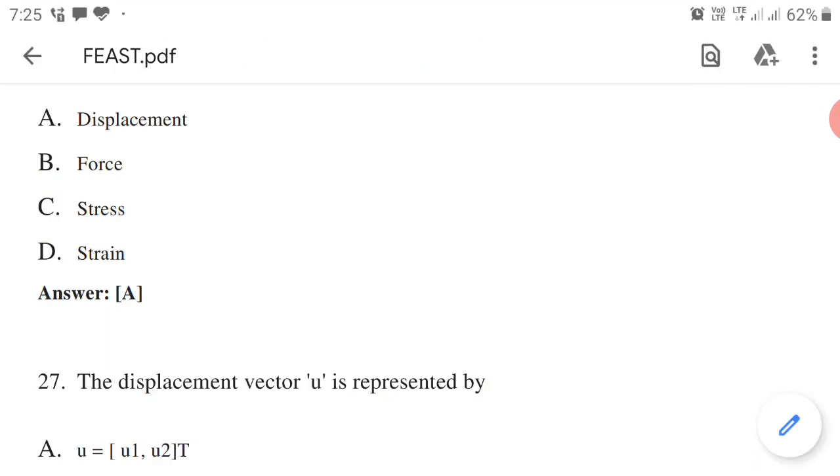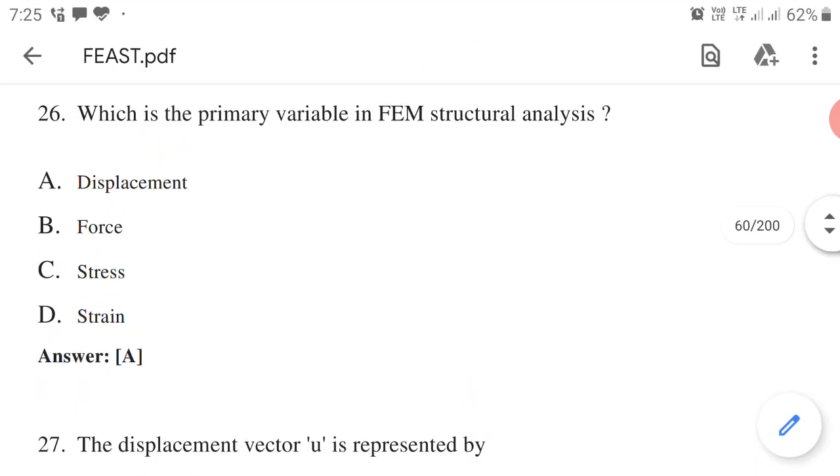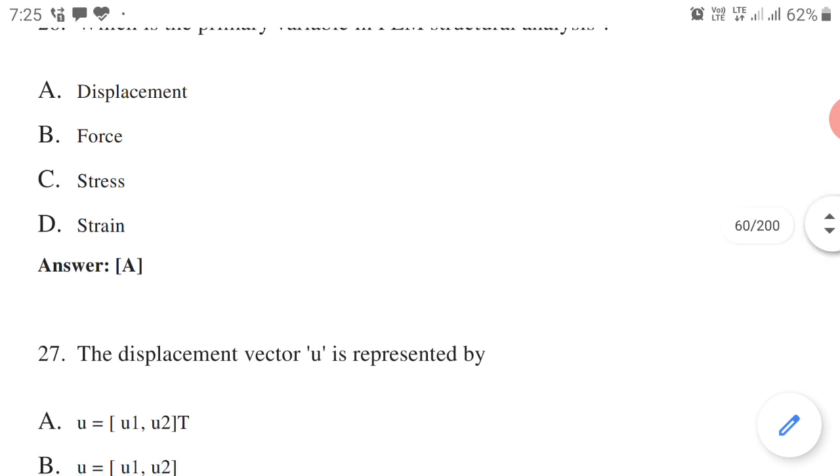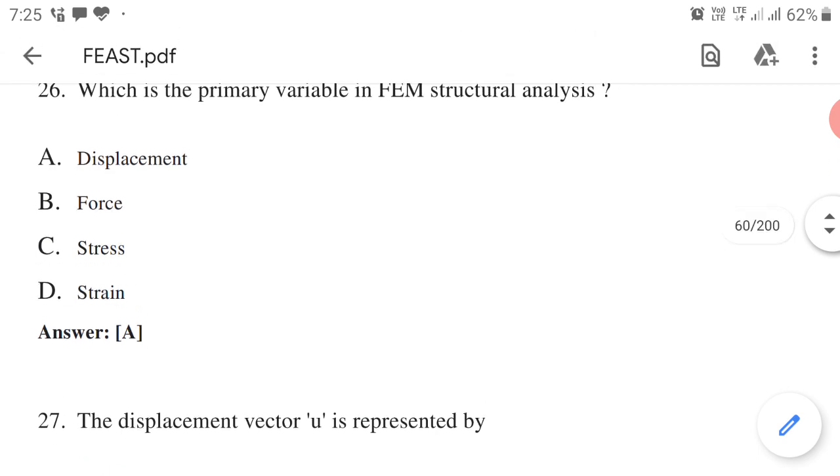Force, stress and strain can also be found, but here displacement is the primary variable in structural analysis, because many times we find the maximum displacement or deflection of any beam or structural element, so that we can find the structural ability or strength of this component.